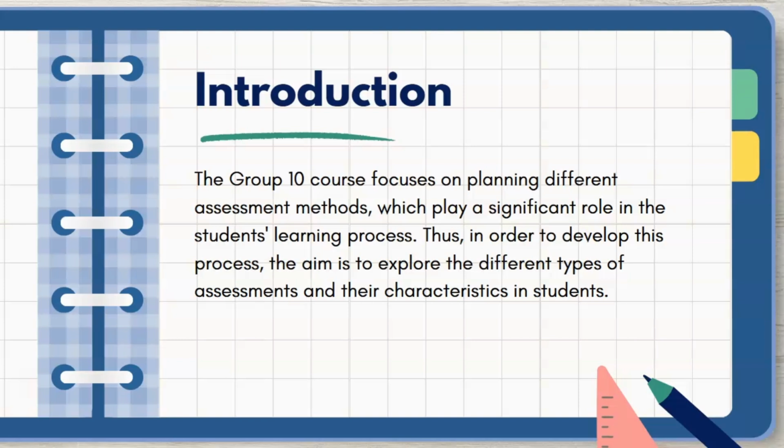Therefore, the course seeks to examine the different forms of assessment, such as formative, summative, and diagnostic, and their unique features. This understanding enables educators to apply appropriate methods that address students' individual needs throughout their development and create more engaging and effective educational experiences.